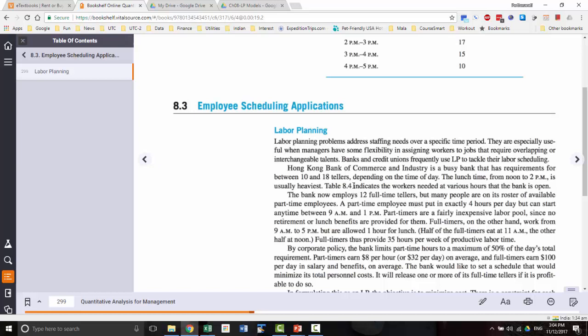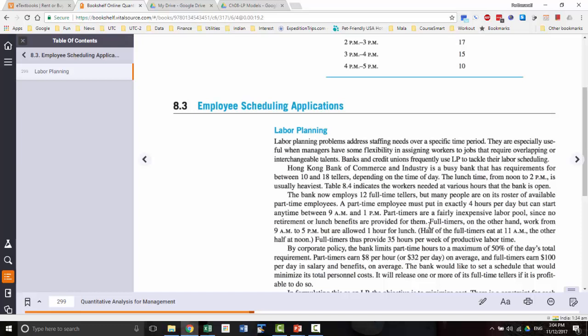There are 12 full timers, but there are many people on the roster available for part-time employment. A part-time worker works for 4 hours per day, and can start any time between 9 a.m. and 1 p.m. If they start at 9 a.m., they'll work 9 to 10, 10 to 11, 11 to 12, 12 to 1, and then they are done. People who start at 10 a.m. will be done at 2 p.m., and so on.